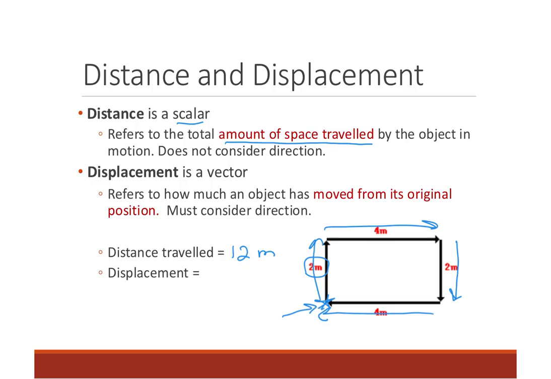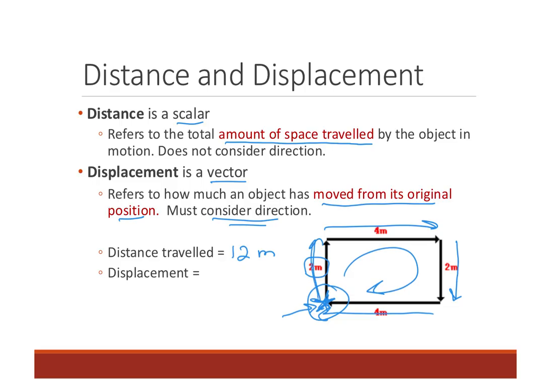But distance and displacement are not the same thing, because displacement is a vector quantity, and it refers to how much the object, in this case you walking around the soccer field, has moved from the original position. This includes thinking about what happens with directions. In this little example down below, you started over here on the star and you walked all the way around the soccer field and you came back to the same spot. So your direction, in a sense, canceled each other out.